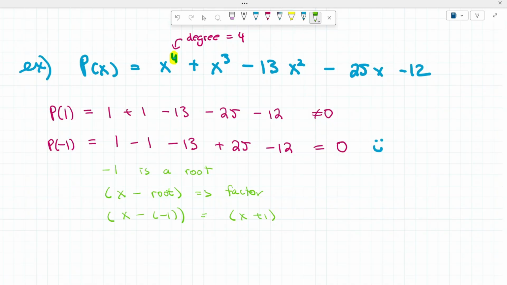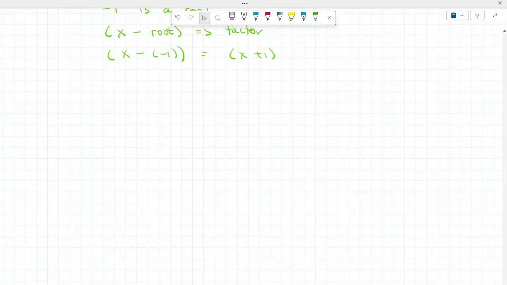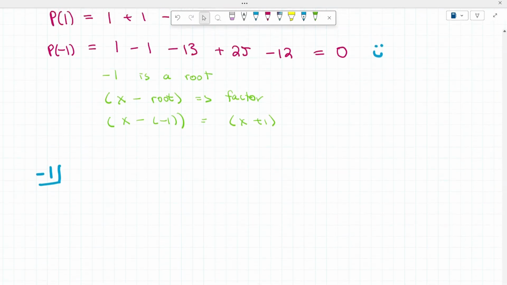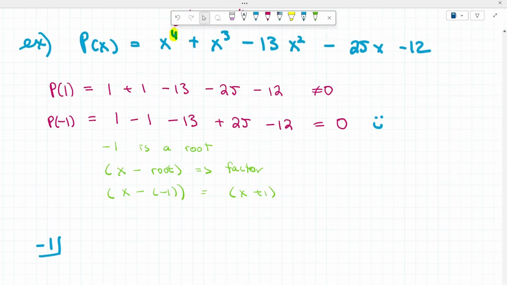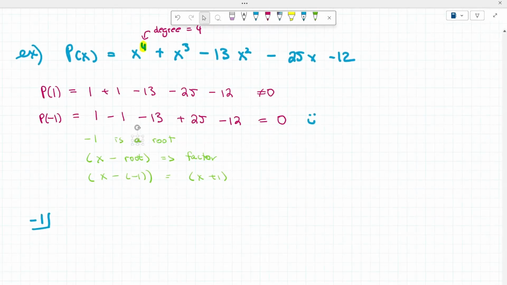Now we're going to follow step number 2, and go ahead and do synthetic division. For synthetic division, the first thing we have to do is put our factor, negative 1, into this top corner. Then we want to collect the coefficients from our polynomial and put them in a line.